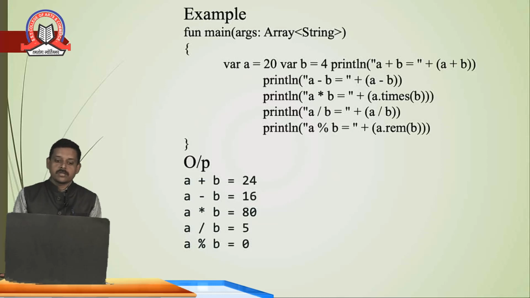So it will give us the output: a plus b is equal to 24, a minus b is equal to 16, a asterisk b is equal to 80, a divided by b, or a slash b, is equal to 5, and a mod b, that is the remainder, is 0. So we will have the output like this.